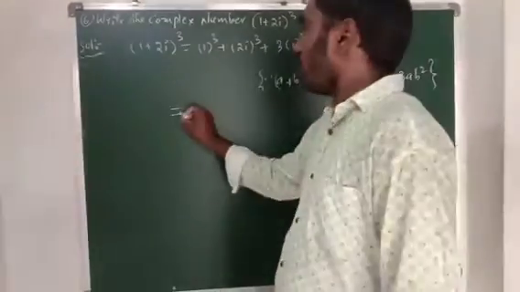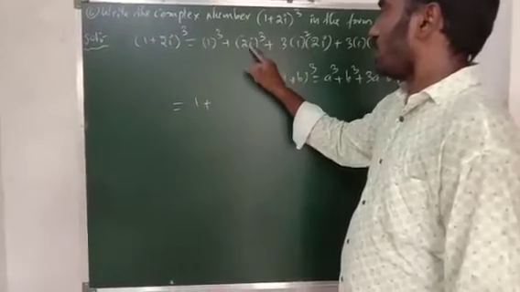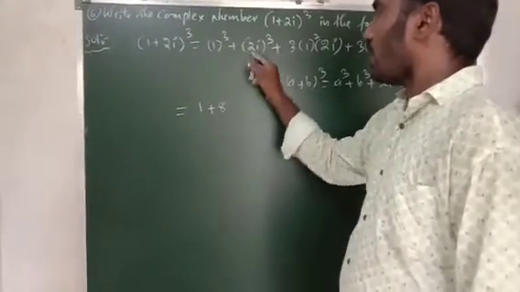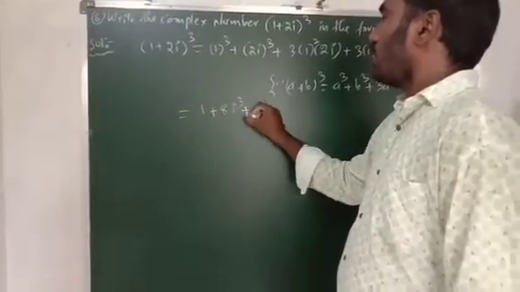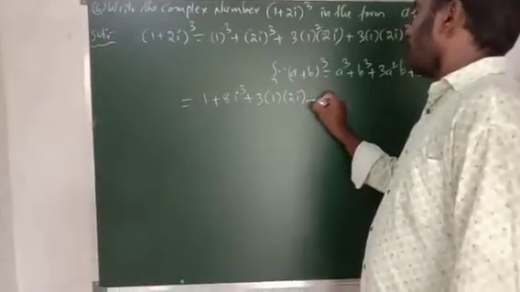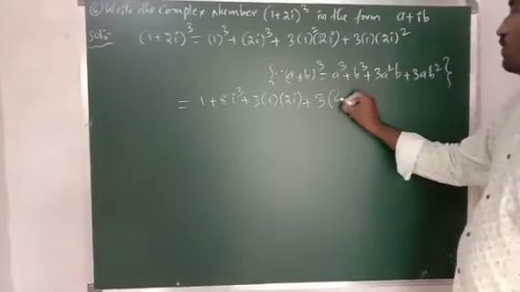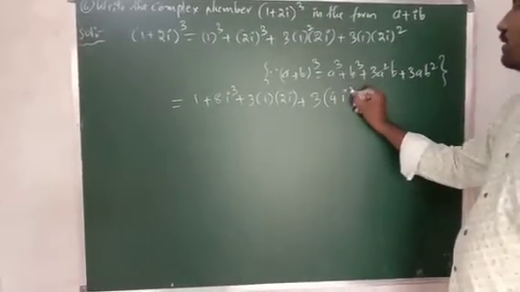Okay, now simplification. 1 cube is 1, 2 cube is 8 and i cube, plus 3 into 1 square is 1 into 2i, plus 3 into 1 is 3 into 2 square. 2 square is 4 and i square.